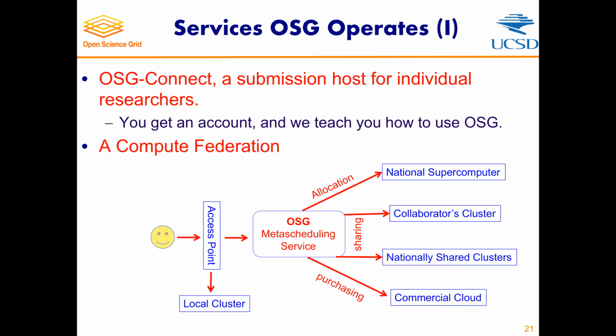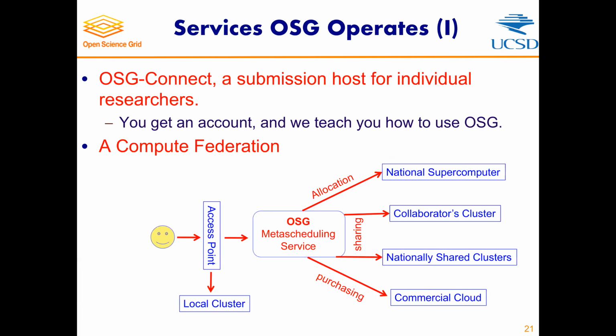We can make all of this appear as a single Condor pool to your researchers. That's the basic premise of our Compute Federation. Any and all ways that a researcher can have access to compute, we make look as one system because we do all the plumbing to integrate it into one.